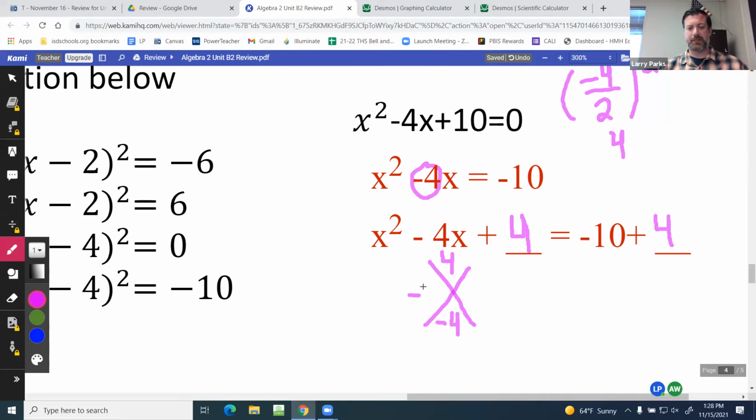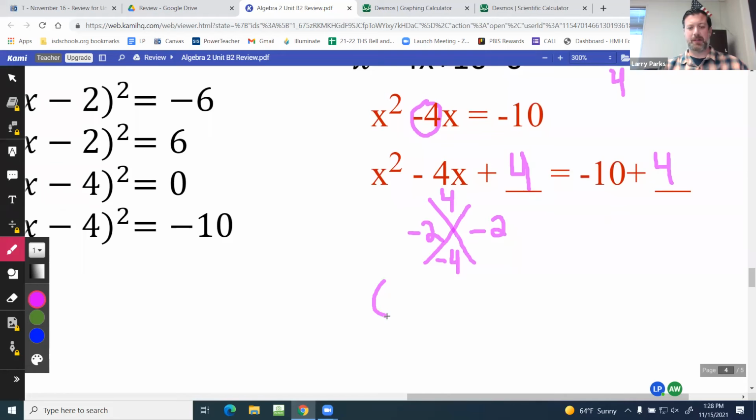That's negative 2 and negative 2. So that would factor into x minus 2, x minus 2. I just realized I could just type that in a box, be way easier.